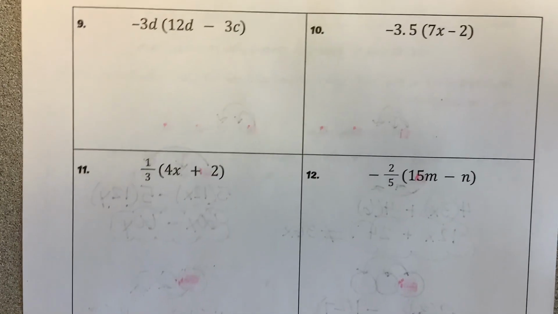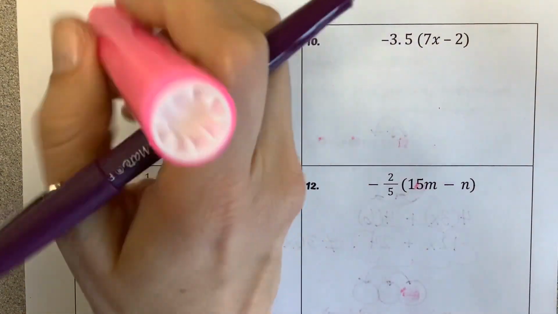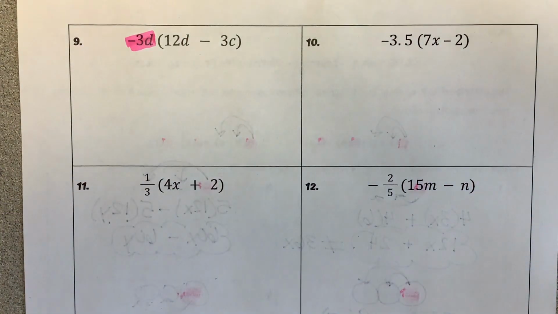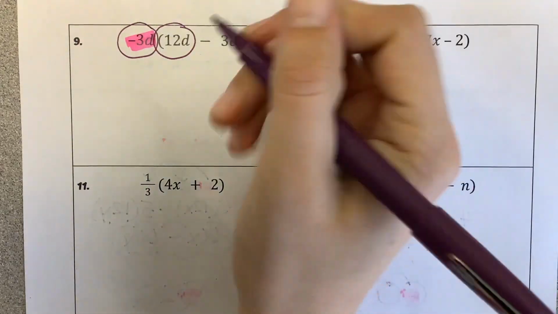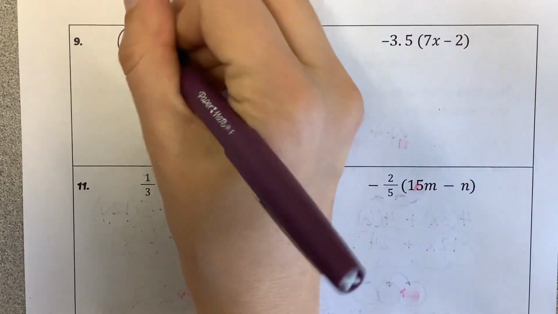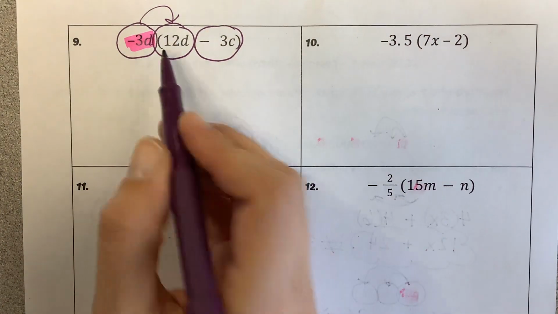Okay, 2 more like this, and then we'll look at some fraction problems. So the number on the outside that I'm distributing is negative 3d, being distributed to positive 12d and negative c. So negative 3d times positive 12d, negative 3 times 12 is negative 36.